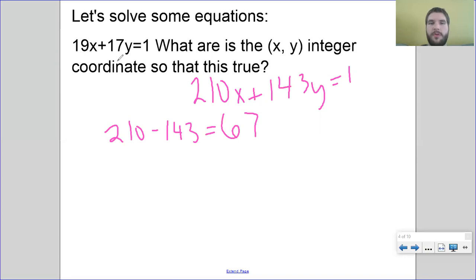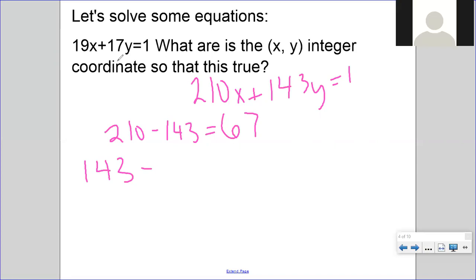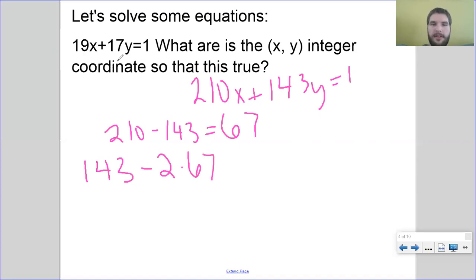Obviously, if we were to subtract more groups of 143, it would not work. So now we go 143 because that's our biggest number that we have left, minus, how many groups of 67 can I take out of 143? 2. 2 times 67.